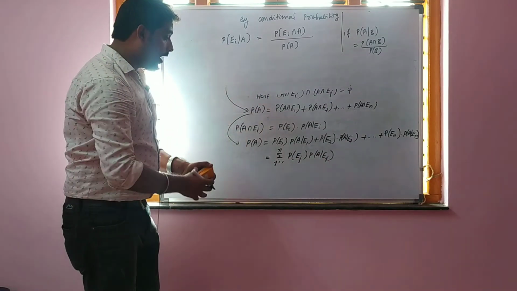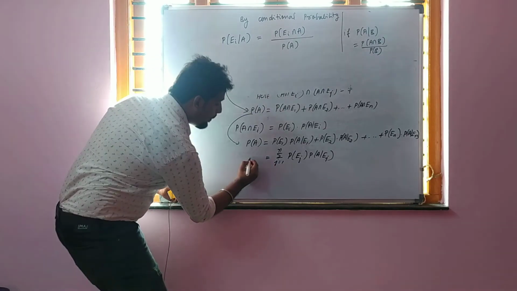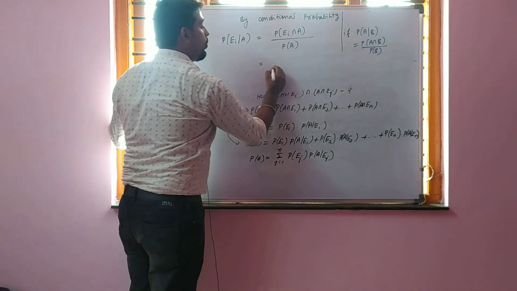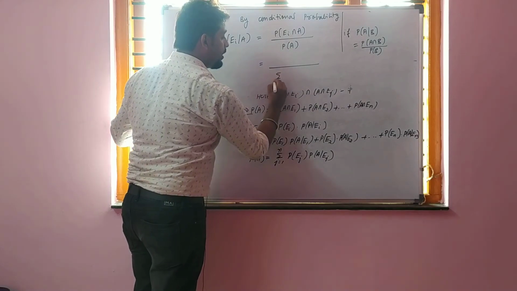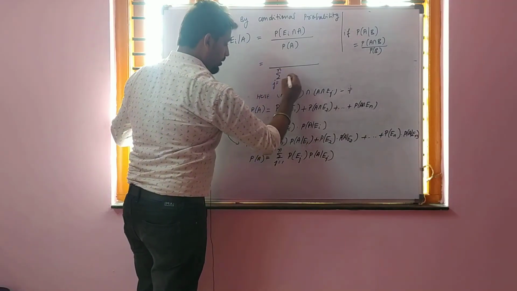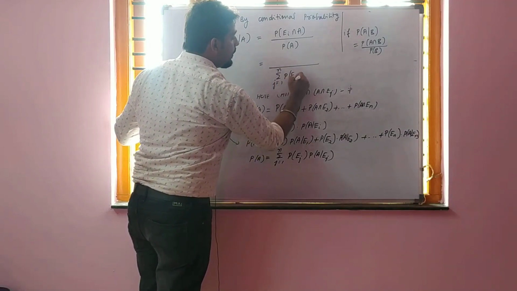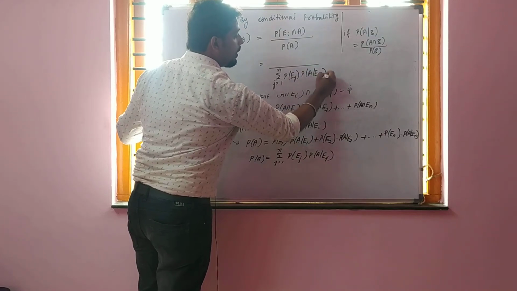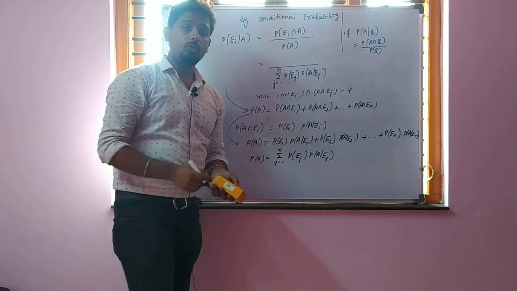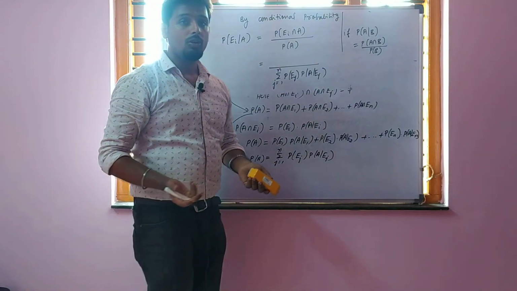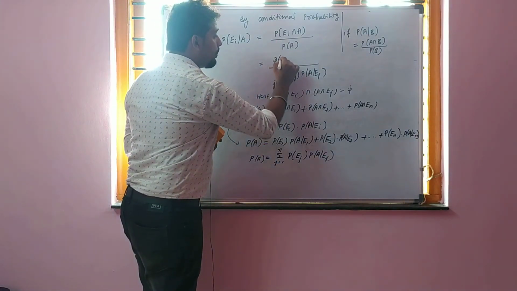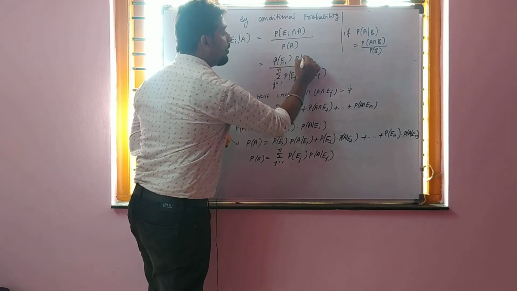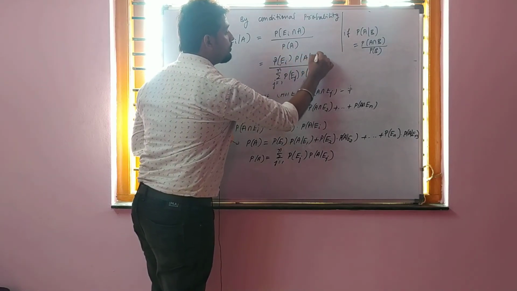Now, let us use this P of A in the above. Therefore, we get summation j from 1 to n of P of Ej into P of A bar Ej in the denominator. And in the numerator, again use the multiplication theorem. It is nothing but P of EI into P of A bar EI.